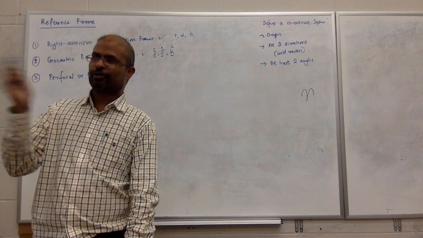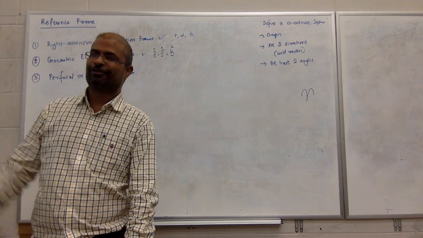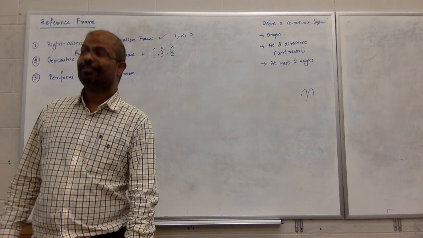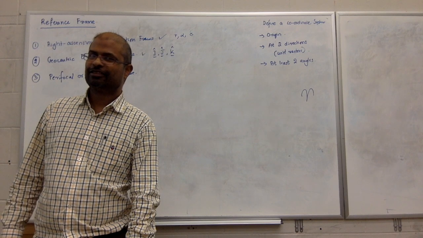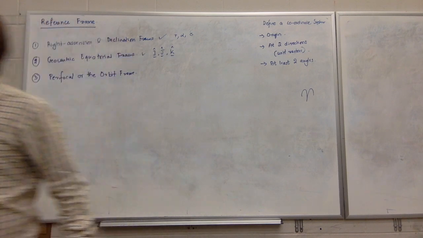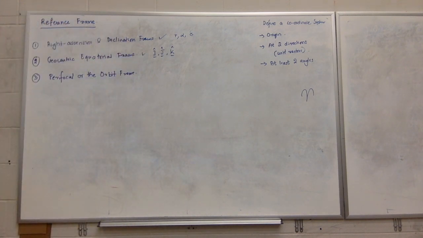The satellite can orbit this way as well, and this way as well. But in this case, it's the axis of rotation of Earth.